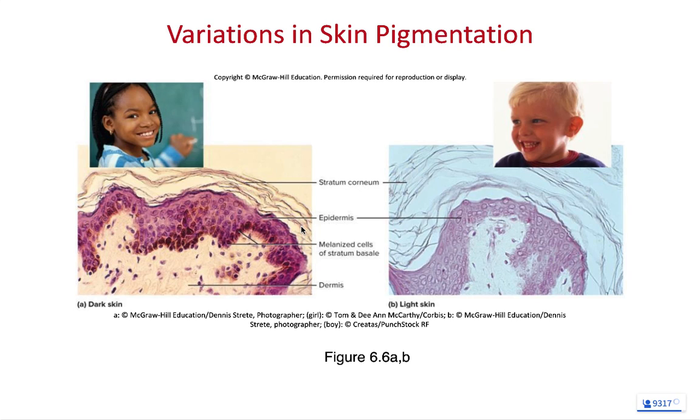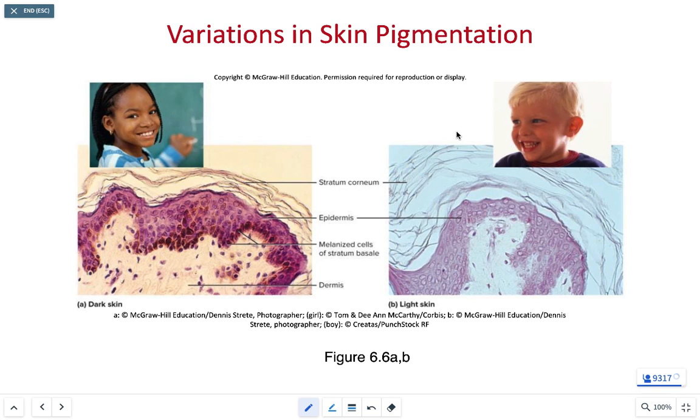The technical term for that is negroid, and when we had the white skin person, the technical term for that is caucasoid. And as we're looking at those layers, those skin pigmentations, the melanocytes are going to deposit melanin within the keratinocytes of the stratum basale. And that's where most of the pigmentation is going to be concentrated to give color to the skin.